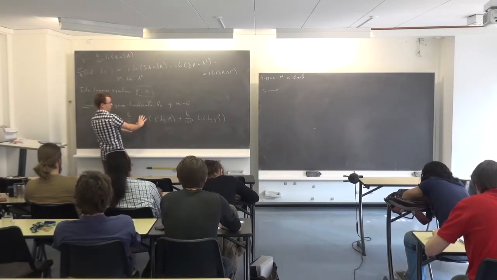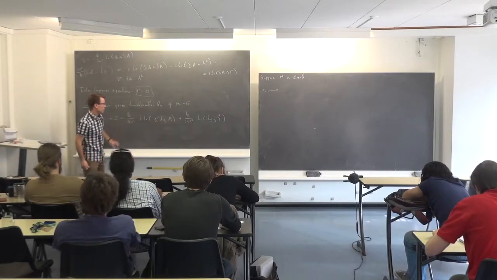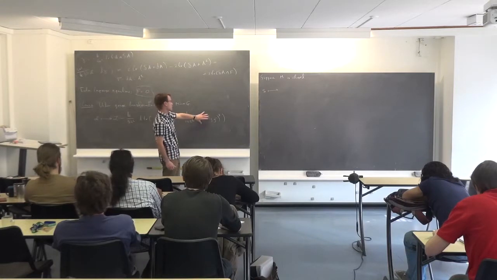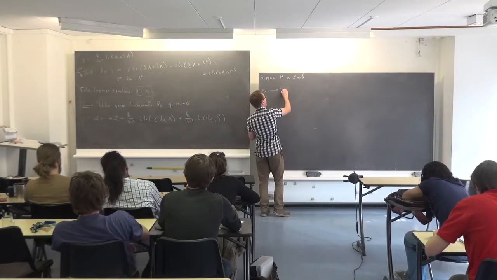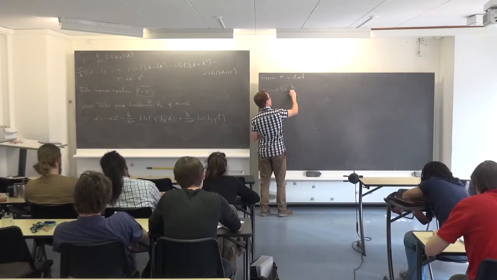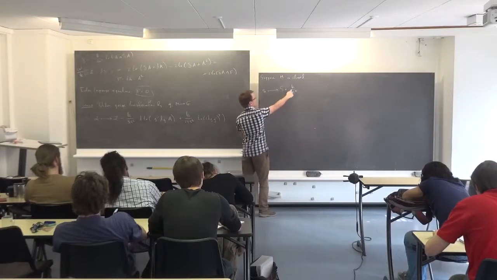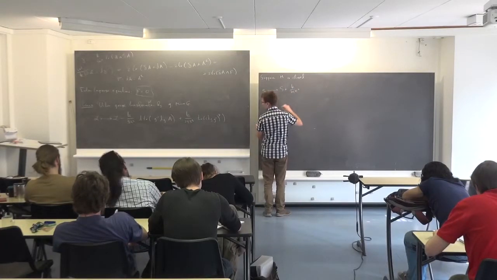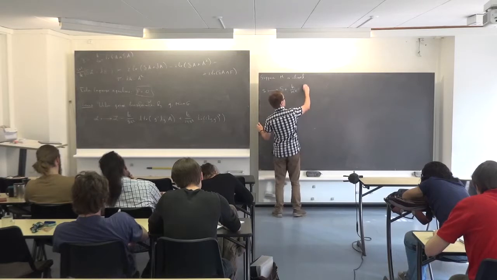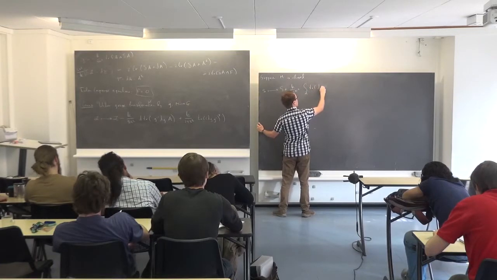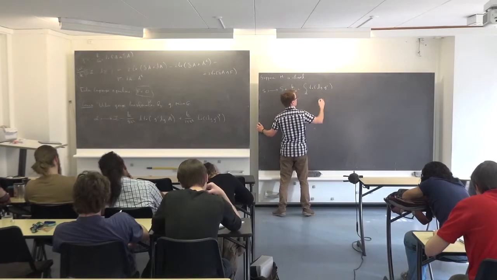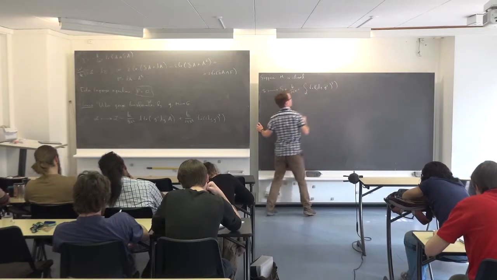This term is exact, so it will die, and the only term is this integral over this form. So it's going to be the original action plus k over 24 pi squared times the integral over the manifold of trace of (dg g inverse) cubed.